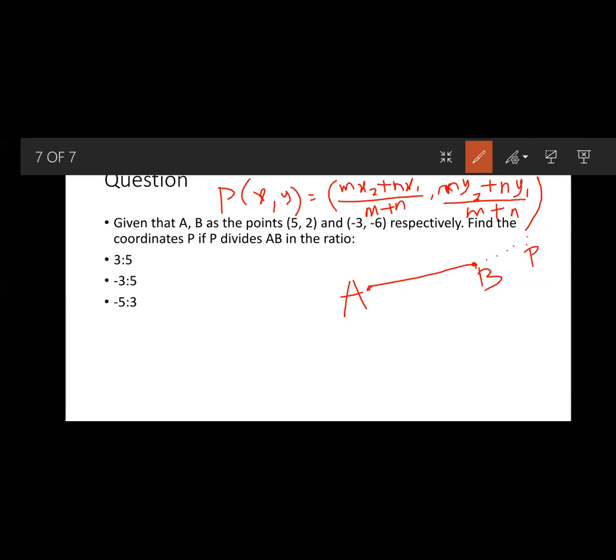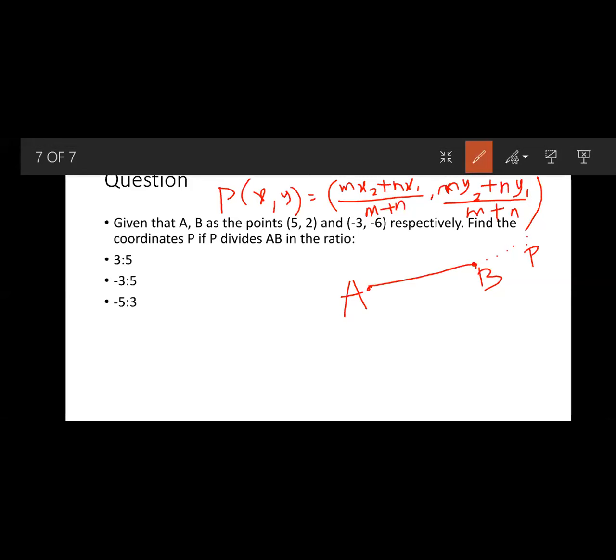It divides AB externally. When it's dividing externally, they will write the ratio with a negative, in negation.